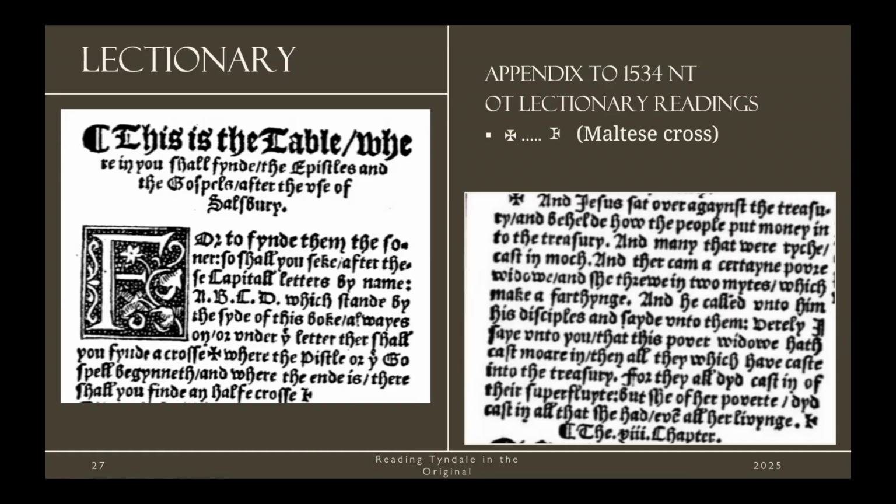Now, I'm not 100% sure, but my theory is that he was attending the English church in Antwerp, where the pastor or the vicar, the priest, was John Rogers. And John Rogers might have said to him, please, can you translate the lectionary readings for us so we can use them at church? And so that might be the origin of this.